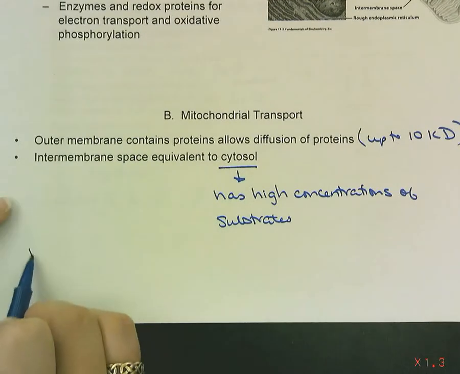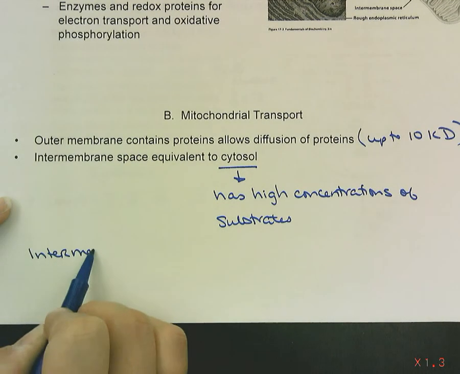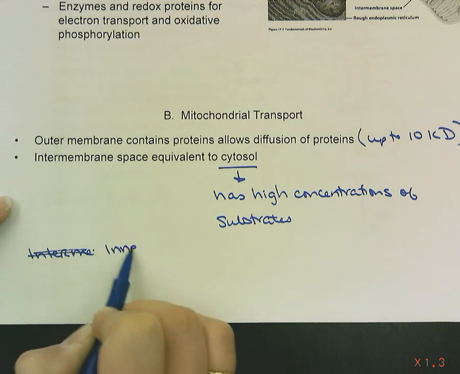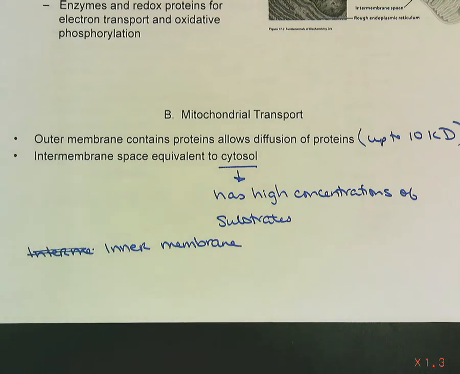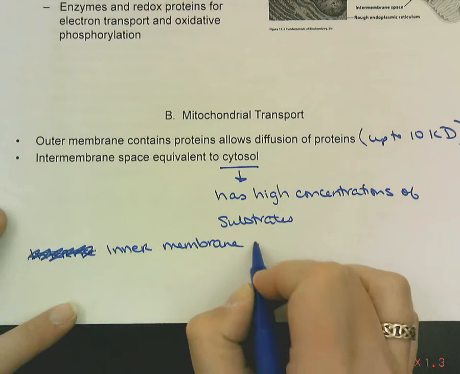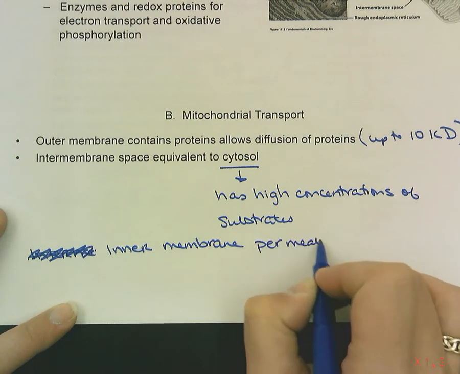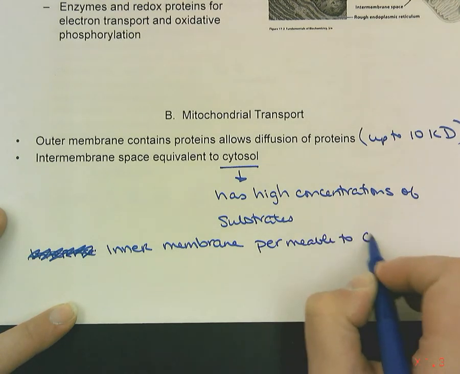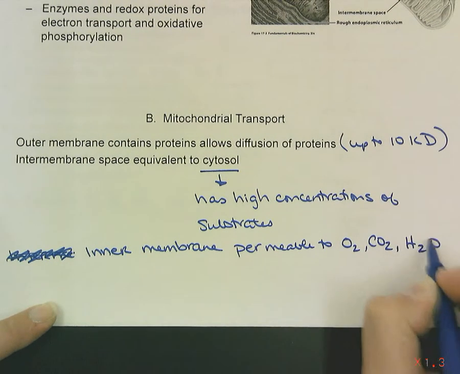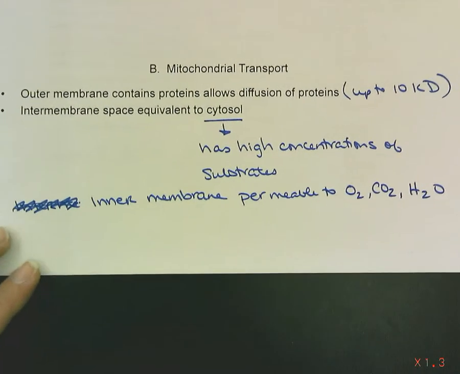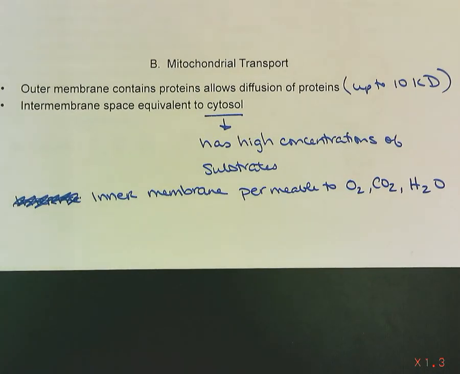And finally, the inner membrane itself. The inner membrane is permeable to oxygen, carbon dioxide, and water, which is good because those are the things that we should be exporting out of the cell as you use them. You send them back out.